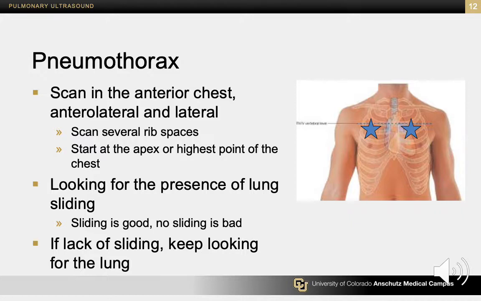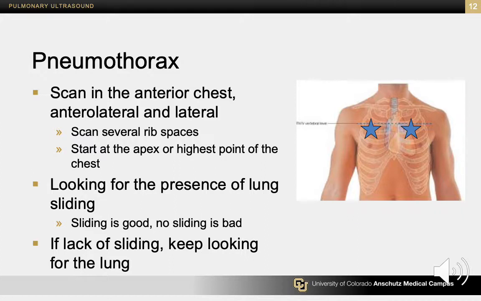You're going to want to scan that rib space, move down several rib spaces, so you're getting a good idea of the total lung tissue, and you're going to want to scan both sides. You're also going to want to scan laterally, anterior axillary line, right along here, to make sure that you're not missing some small pneumothoraces.